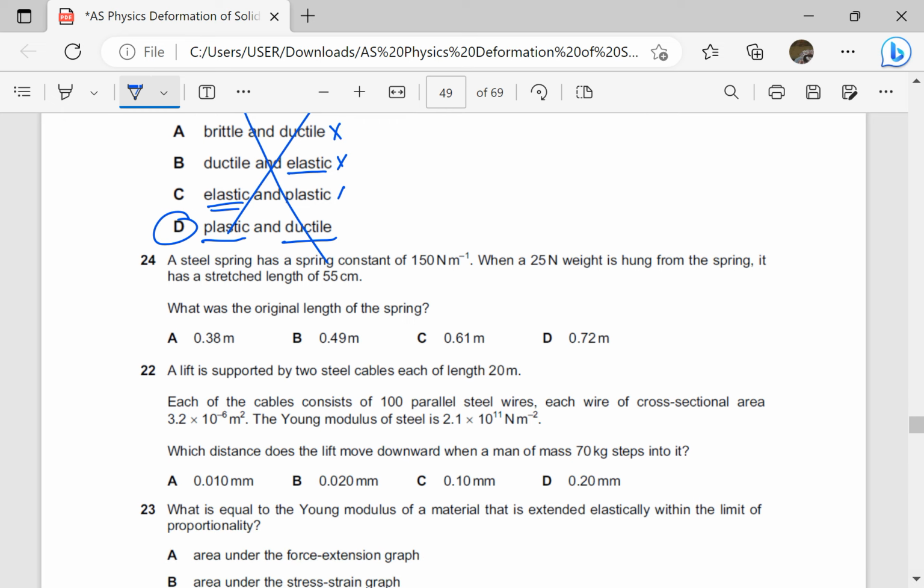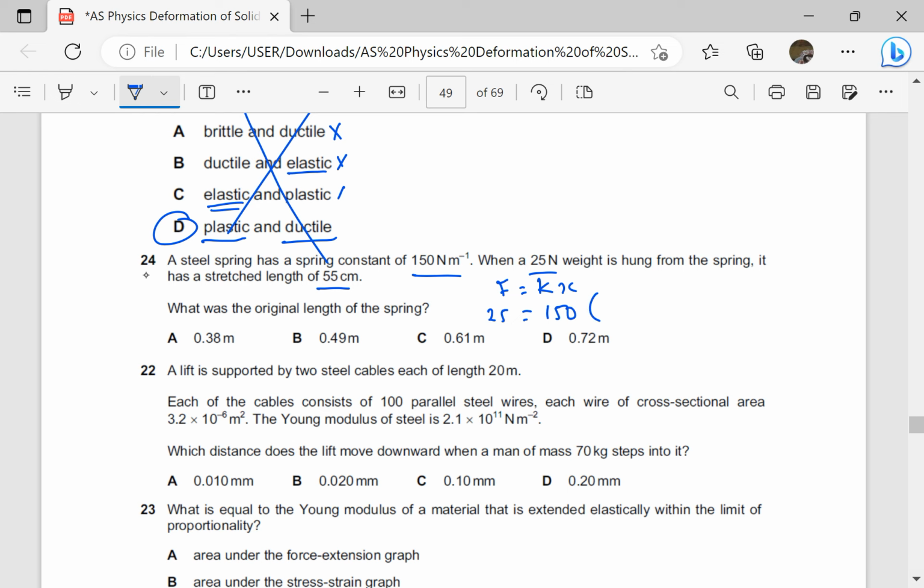A steel spring has spring constant 150 newtons per meter. When a 25 newton weight is hung from the spring, it has a stretched length of 55 centimeters. What was the original length of the spring? So we know by Hooke's law force is equal to K times X. The force is 25. The constant is 150.